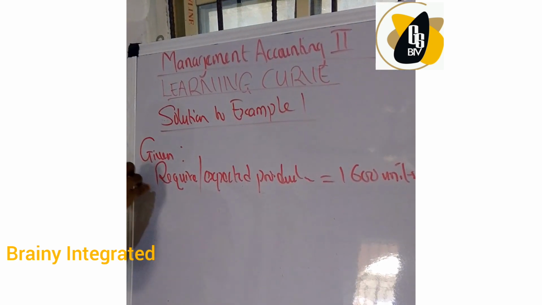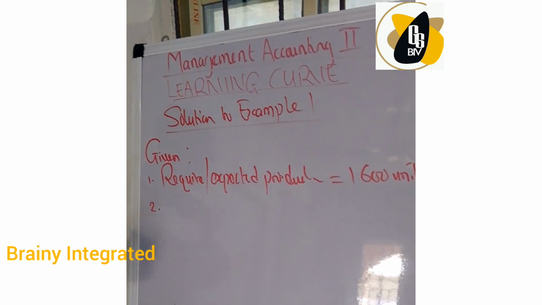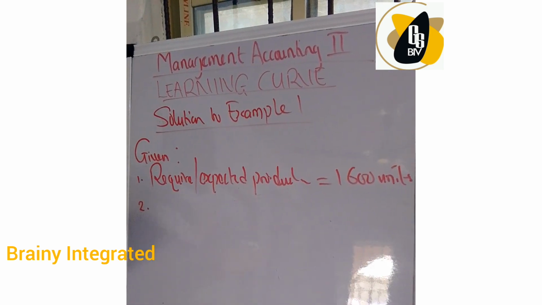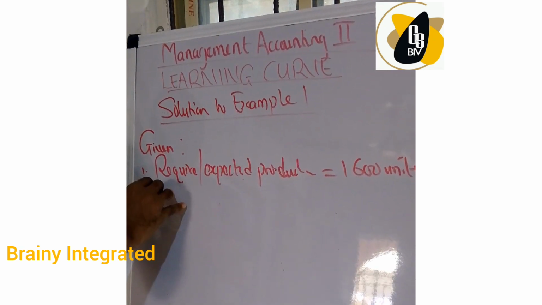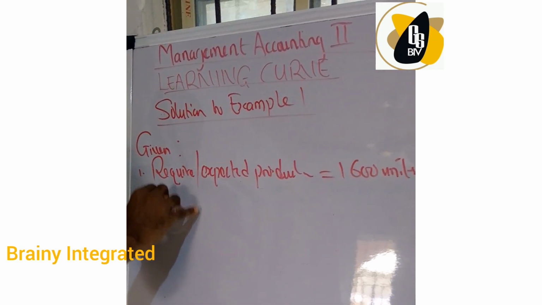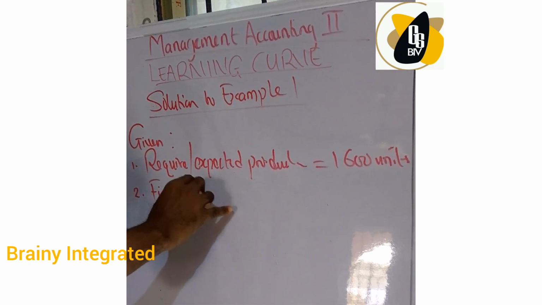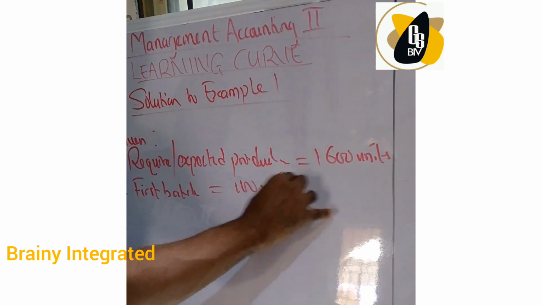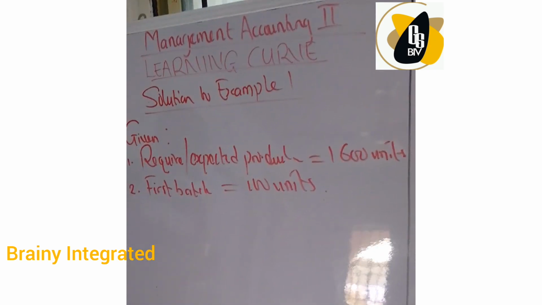Right? We are also told that it will be produced in batches of 100 units. Therefore, first batch should be 100 units, right?